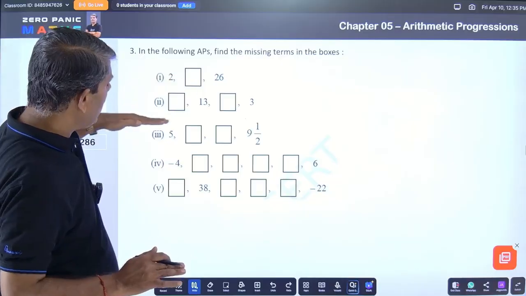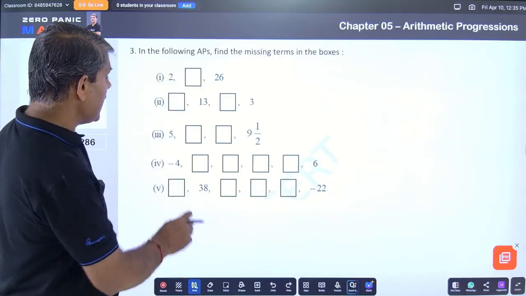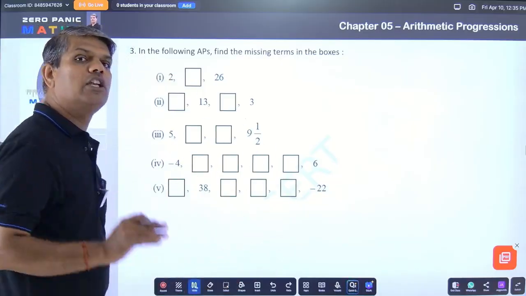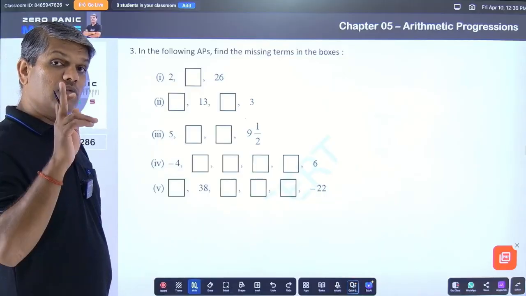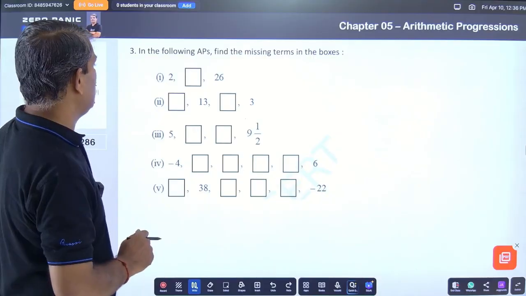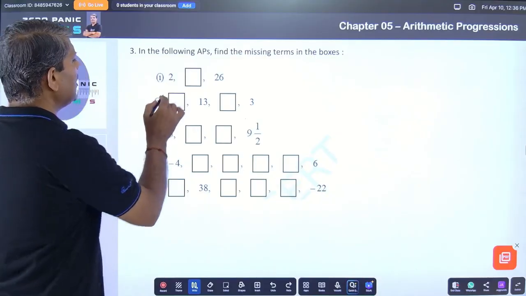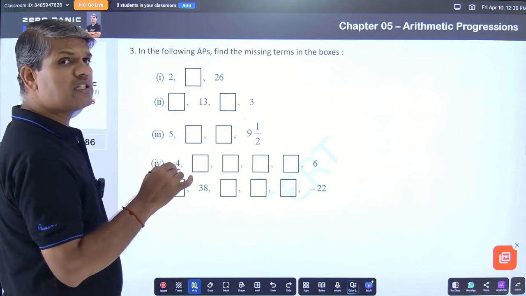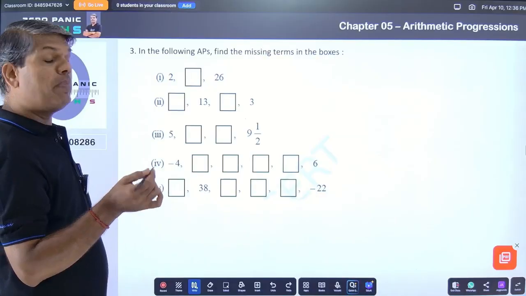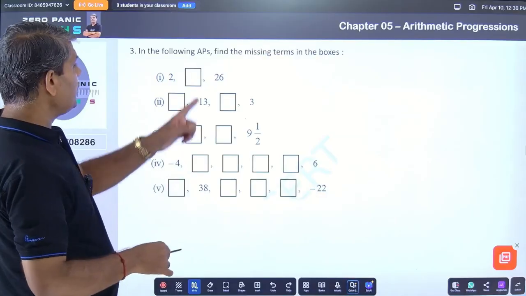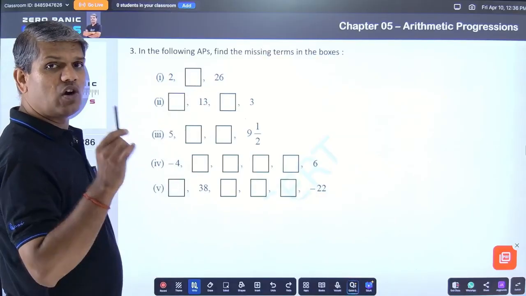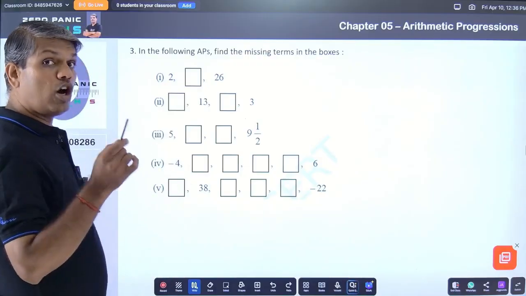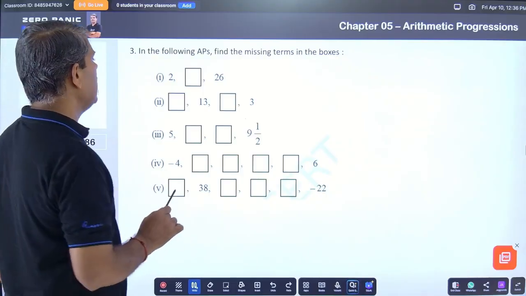They have given 5 different arithmetic progressions, and some values are randomly missing. We need to fill in those. This is very, very important. Listen to me carefully. We need to see what is missing and what is given, and based on what is given, can we find the missing one? That is our problem. How to approach this problem is very, very important.